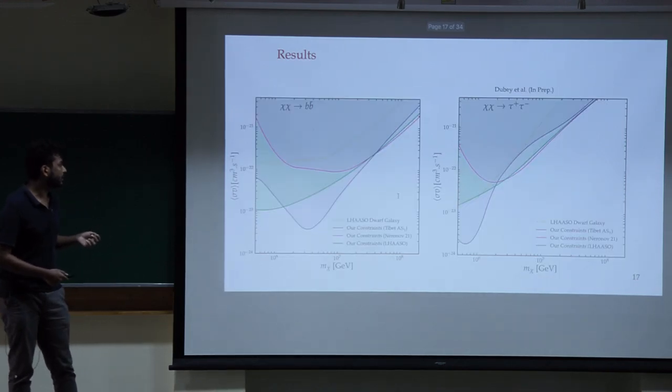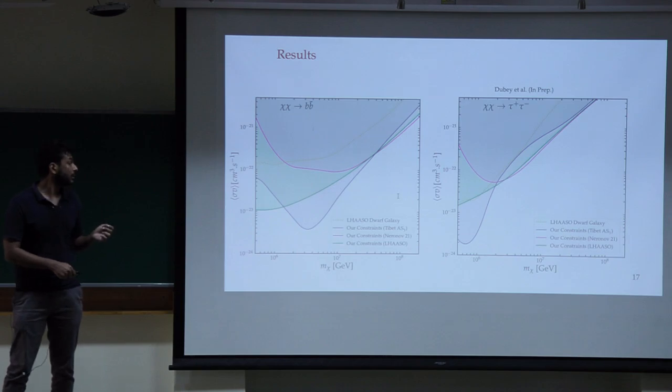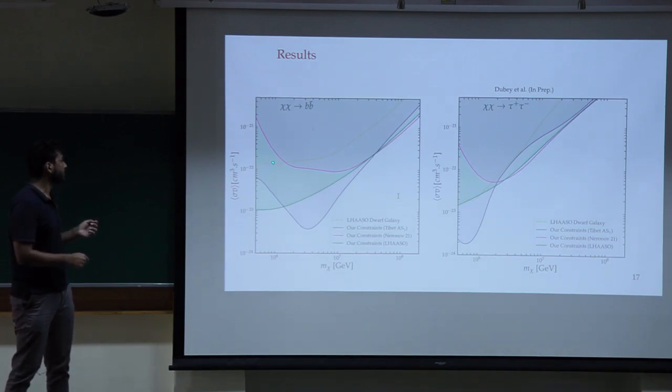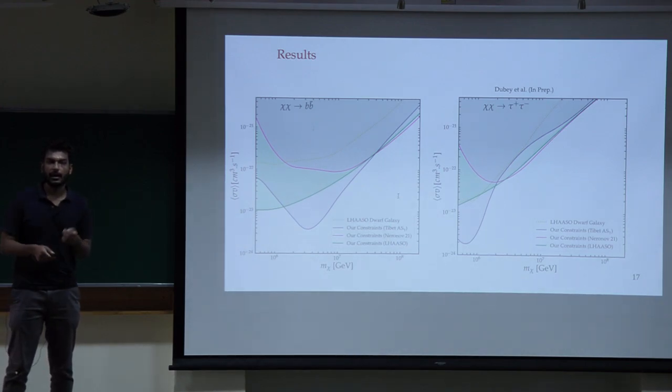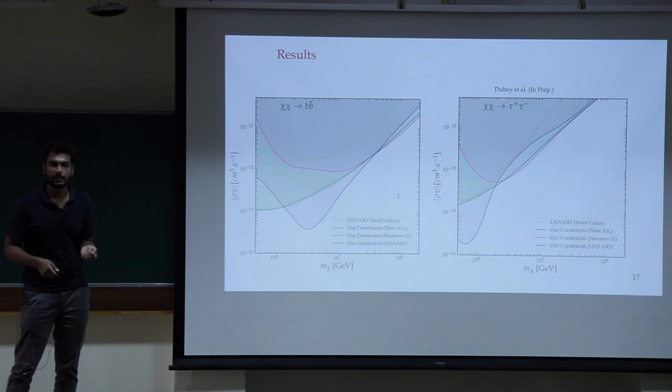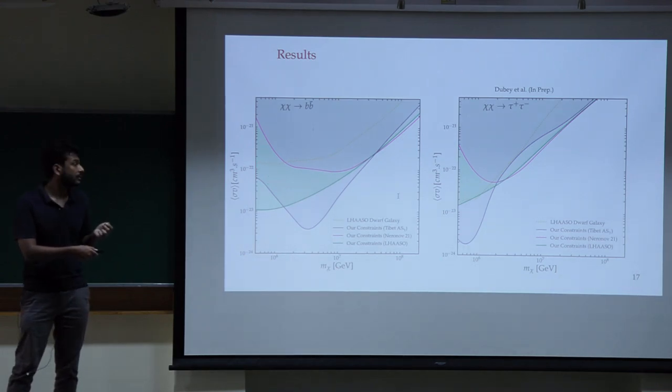For annihilating dark matter, what you see here is the dark matter annihilation cross section as a function of mass. These dotted lines are constraints coming from LHAASO dwarf galaxy. LHAASO has tried to search for high energy gamma rays coming from dwarf galaxies and then put constraints on the dark matter annihilation cross section.